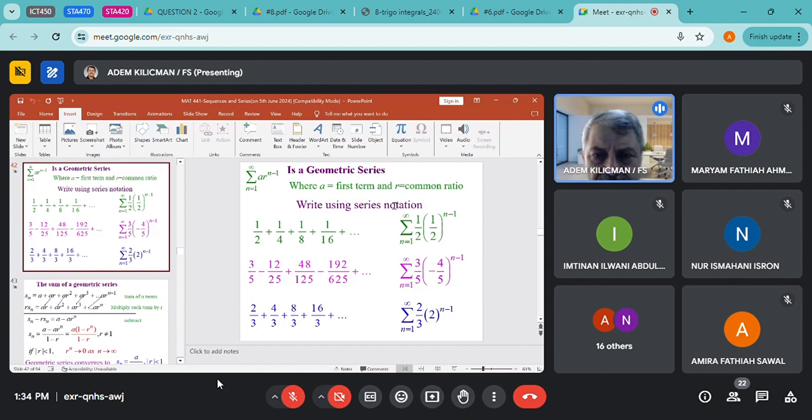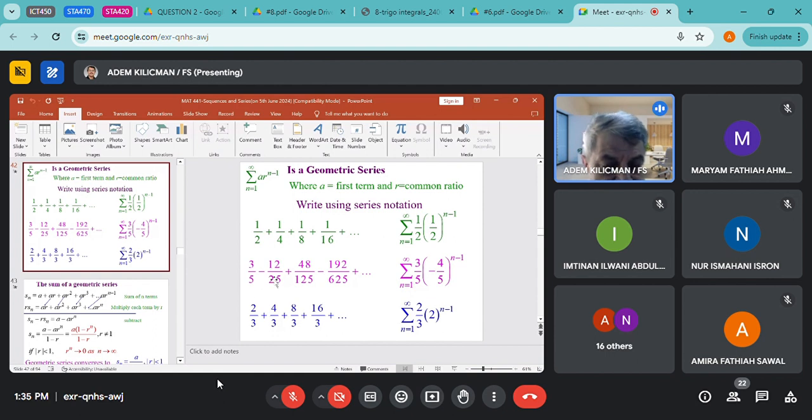Then this is the representation or notation to use for this particular series, using the summation notation. Similarly, if you look at the second one, 3 over 5 is the first term. Then the rest is, for example, 12 over 25. How can we get from 3 to 12? 4 times. This is the 4.